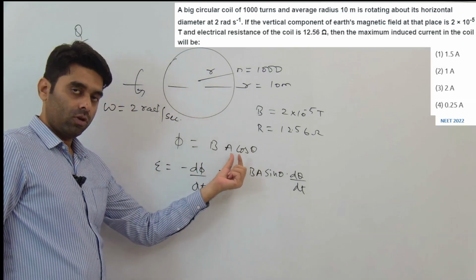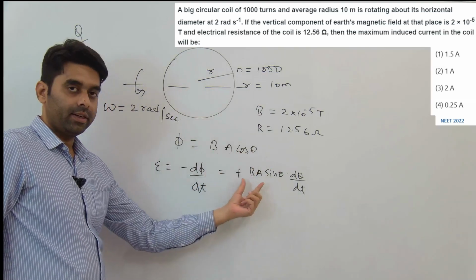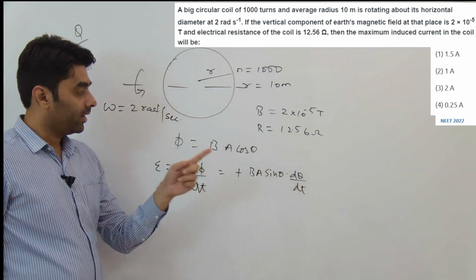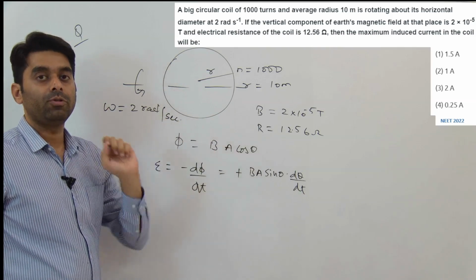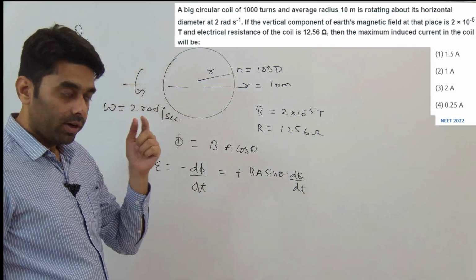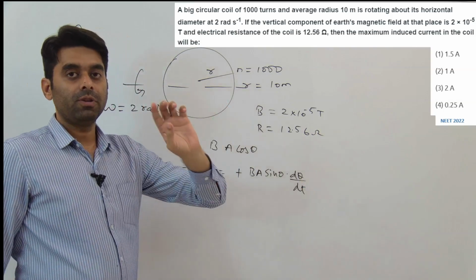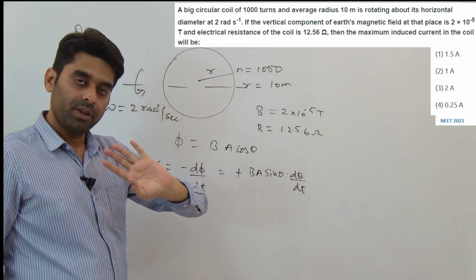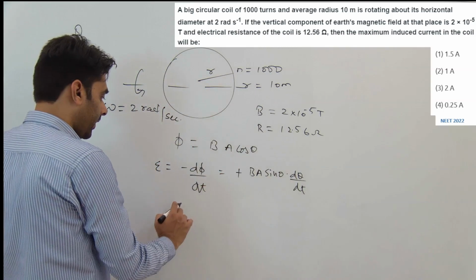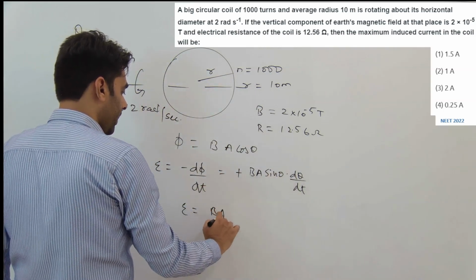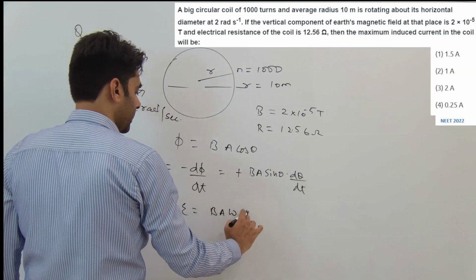BA is constant, cos θ differentiates to minus sin θ, times dθ/dt. Here θ is the angle between B and A. dθ/dt is the rate of change of angular position, which will basically give us ω.